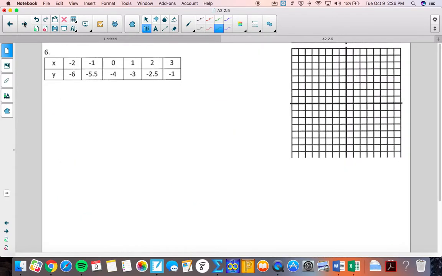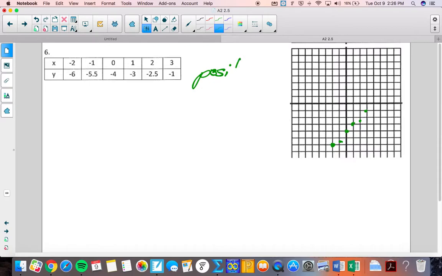Last one. -2, -6. So definitely a correlation here. It's a positive correlation.